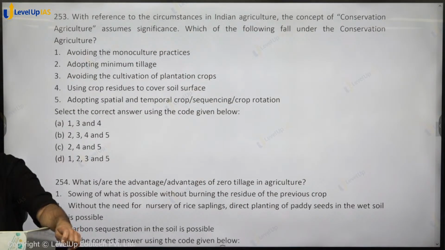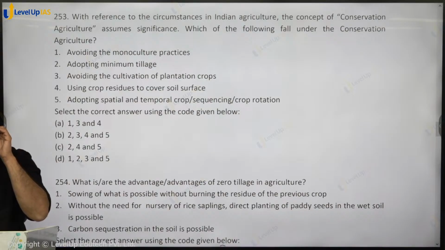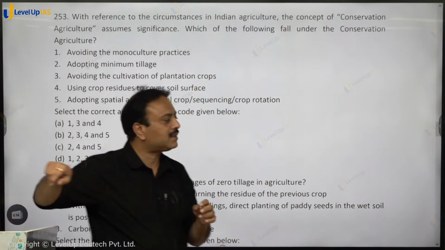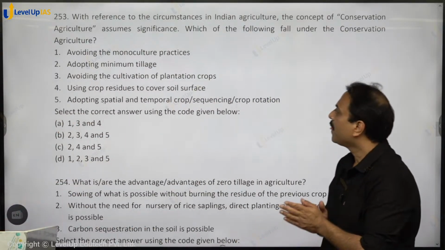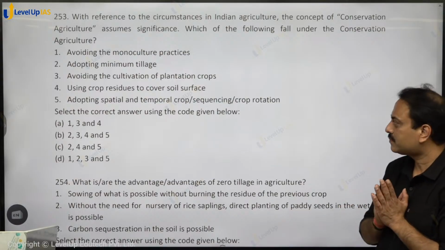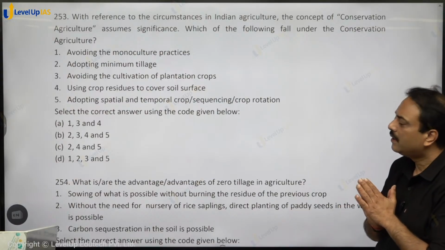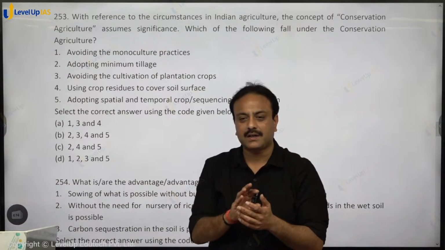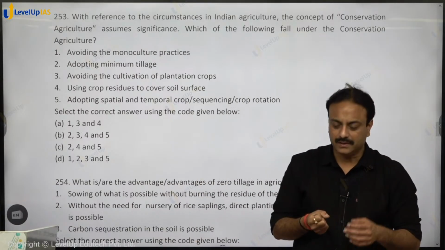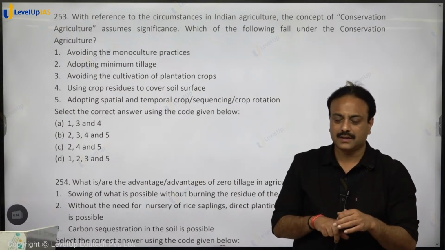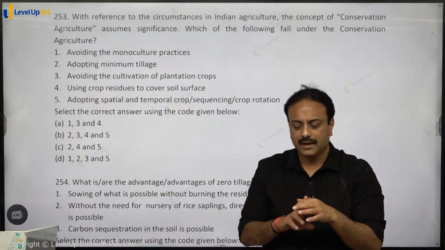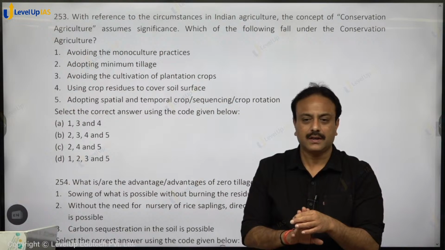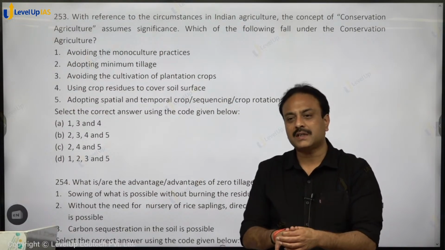What is clonal population? Clonal population is like clone, exactly similar. So what is conservation agriculture? To conserve, karna. What has to be conserved? Soil, fertility, biodiversity, right? Everything has to be conserved.